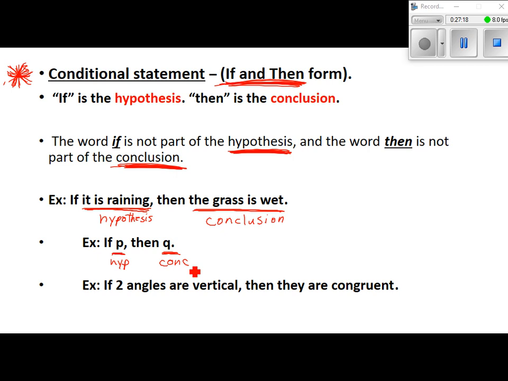If two angles are vertical, then they are congruent. What's the hypothesis? Two angles are vertical. Remember, not the if, just everything after that. What's the conclusion? They are congruent. Hypothesis, conclusion.